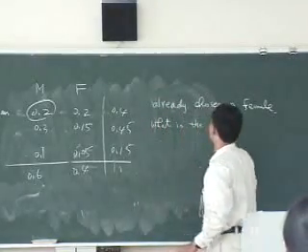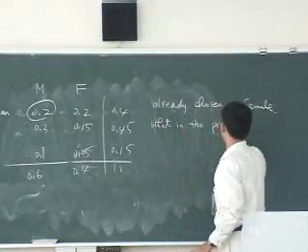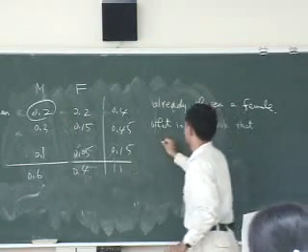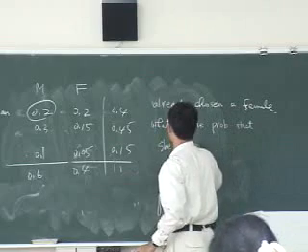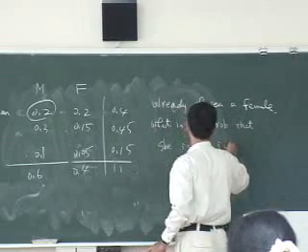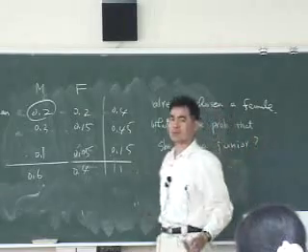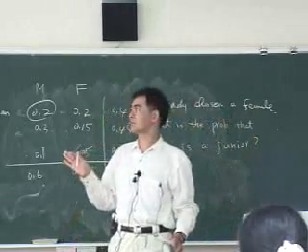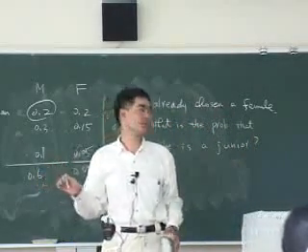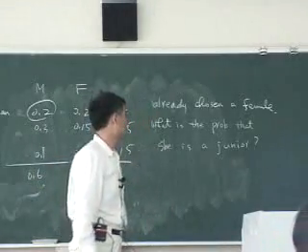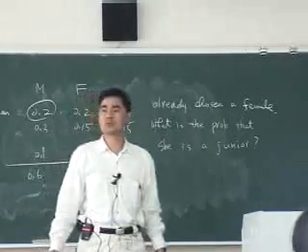So we have already chosen a female, and what is the probability that she is a junior? We already chosen a person from this group and we know that she is a female, and what's the probability that she is a junior?